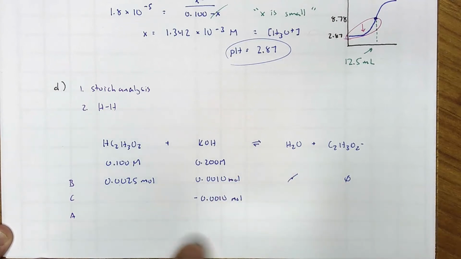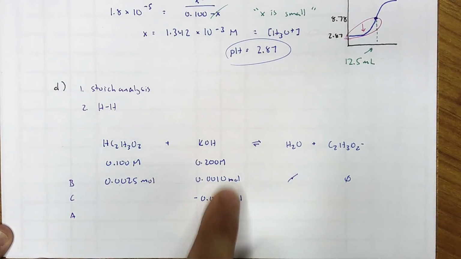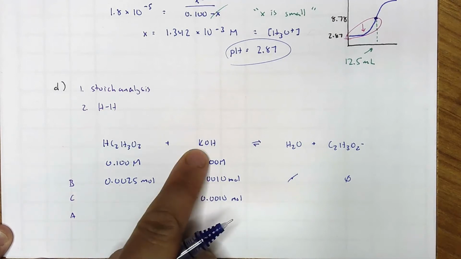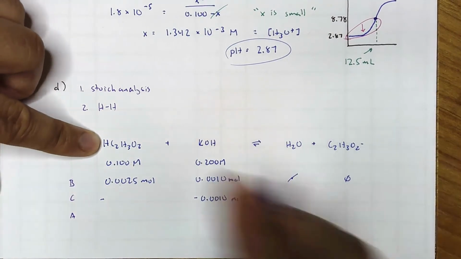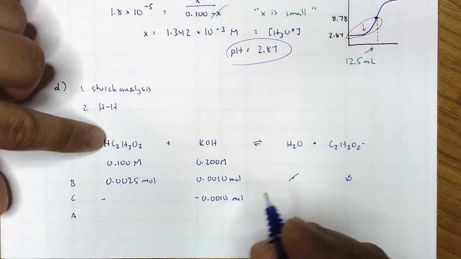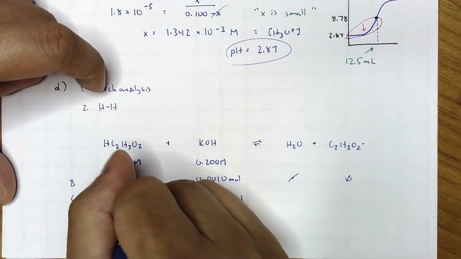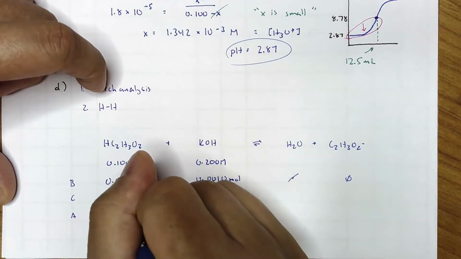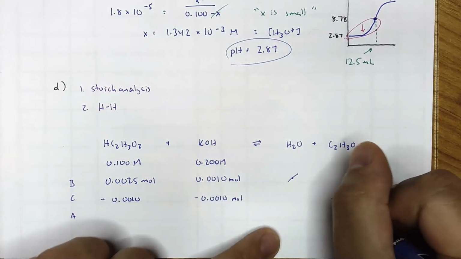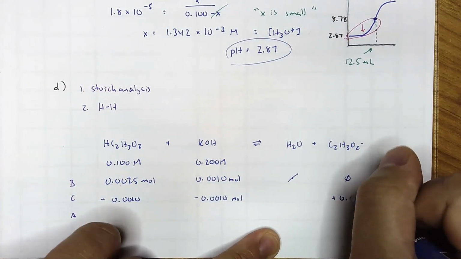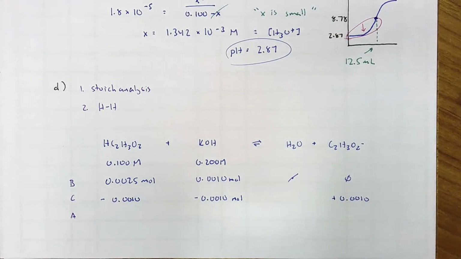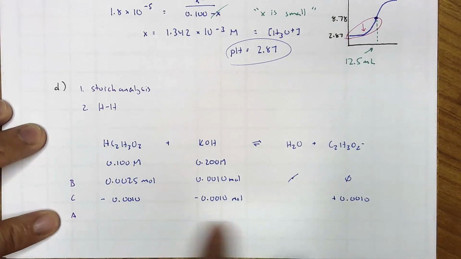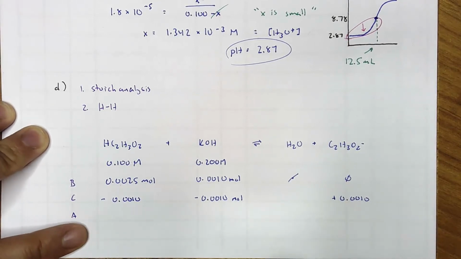You could think of it as we're going to lose all of the OH minus because that amount of OH minus is going to grab this hydrogen or this proton. So now we're going to lose acid, and we're losing the same amount. Okay, and this is plus 0.0010. So what's the purpose here? I know I'm going to put these numbers in just a bit.